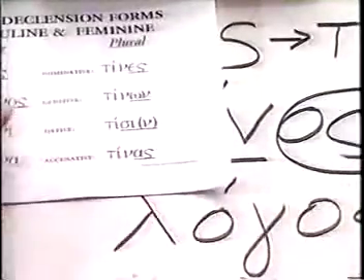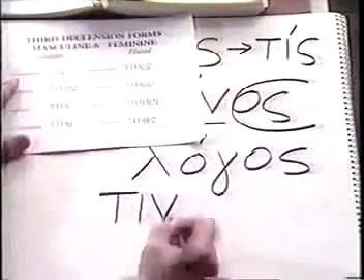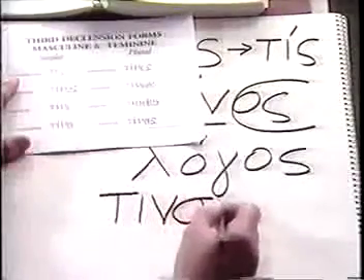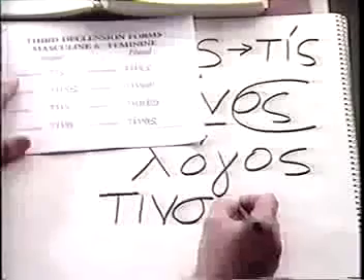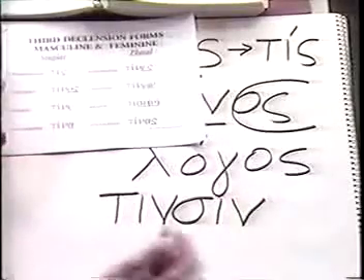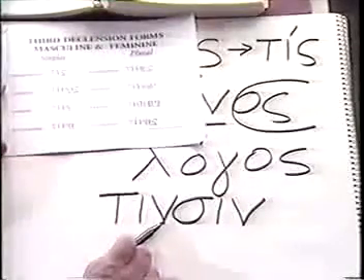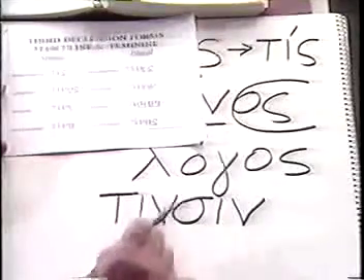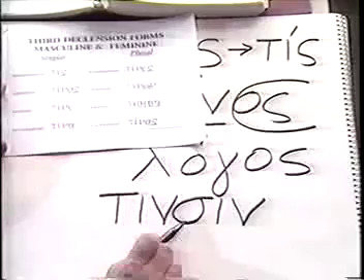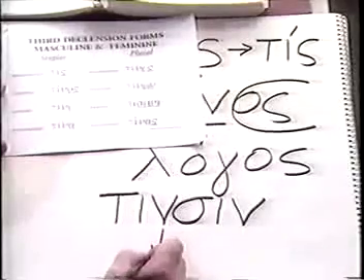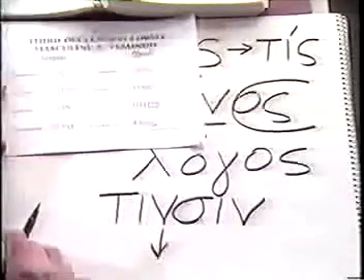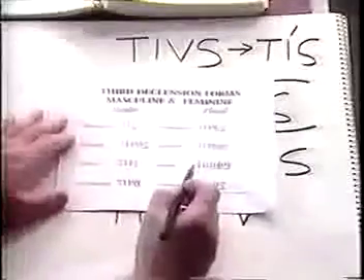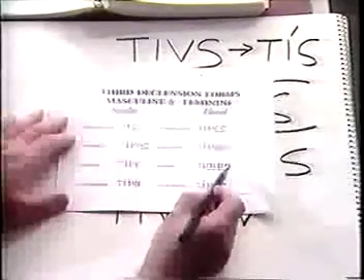If our stem is tin, and if we add the plural dative ending, sigma, iota, movable nu, what's going to happen to this dental nu when it's followed by sigma? Dentals followed by sigma, elide, right? So the dental will disappear, and we wind up with the form tisin.